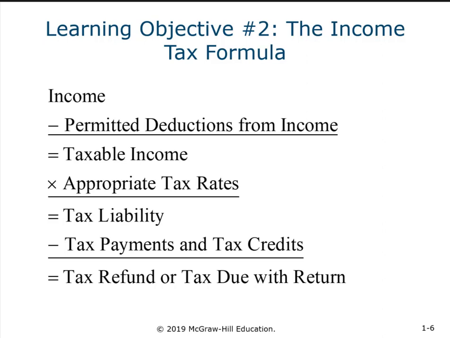The IRS doesn't want to wait to get all your money. They're going to make your employer withhold money from your paycheck, and send it to the IRS for you. That's included in tax payments. And then at the end, you're going to either have a tax refund or a tax due, depending on which is more, your tax payments and tax credits, if they're more than the tax liability, or vice versa.